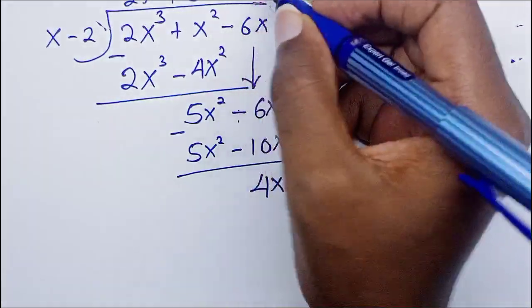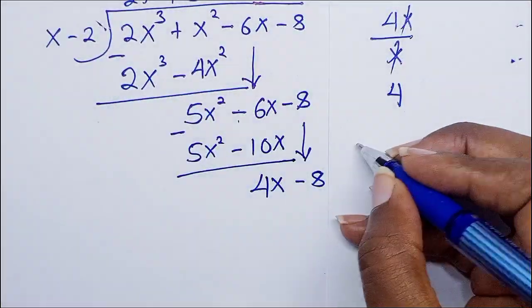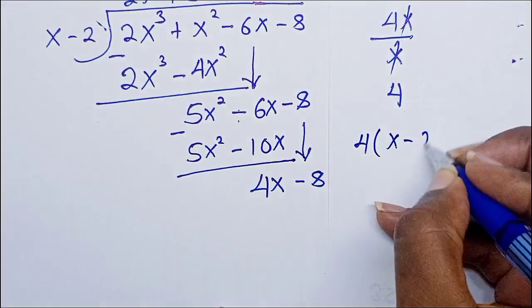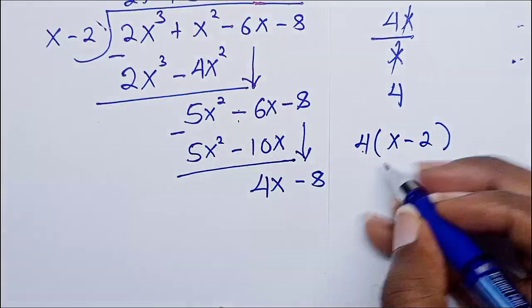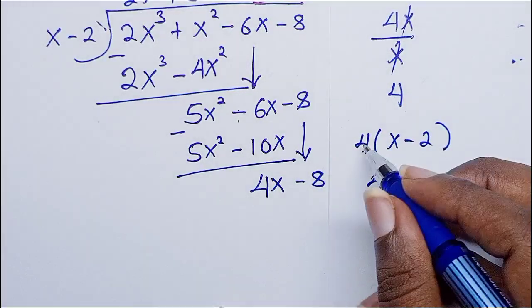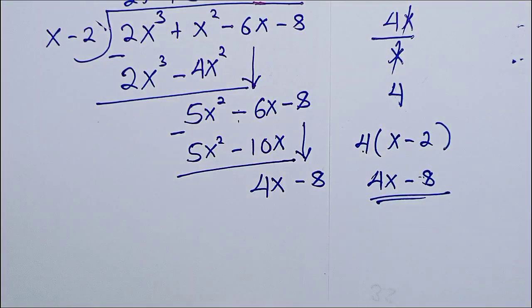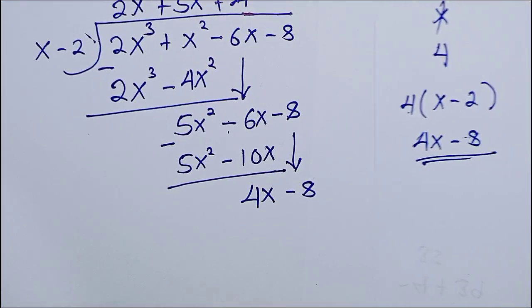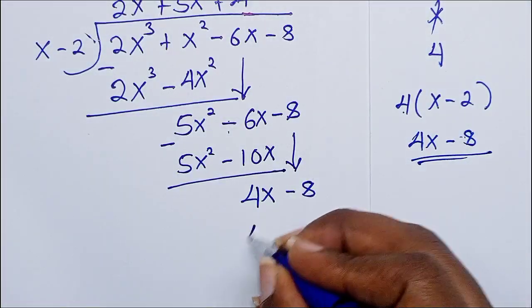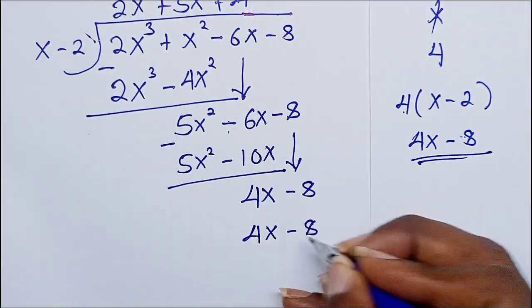Then multiply that answer times the divisor. So 4 times x minus 2. So 4 times x is 4x, minus 4 times 2 is 8. So this is what you put below here, okay? So we shall have 4x minus 8.